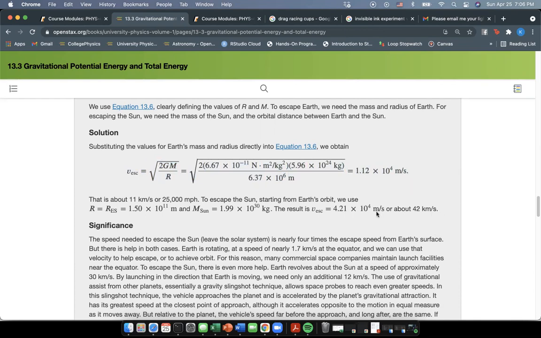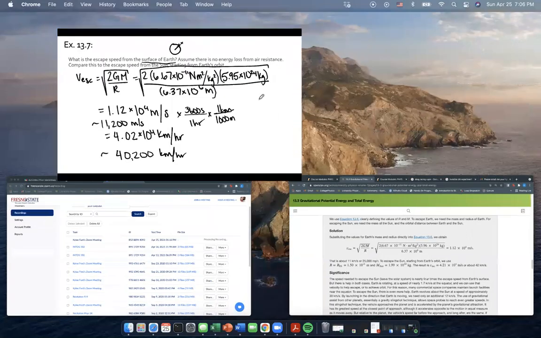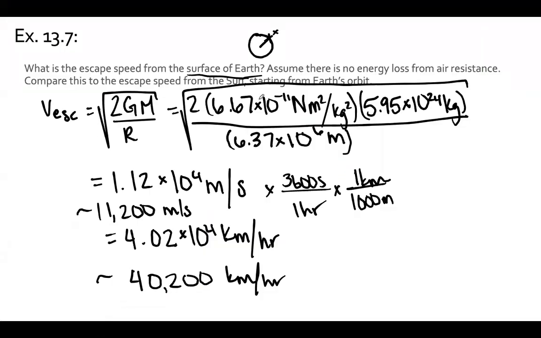Okay, well, yeah, so it is correct. I just wanted to make sure because that seemed like a high number, and I guess that would make sense, right? Because we do have gravity that we have to push against and completely get out of the Earth's orbit in order to escape. So that makes sense.